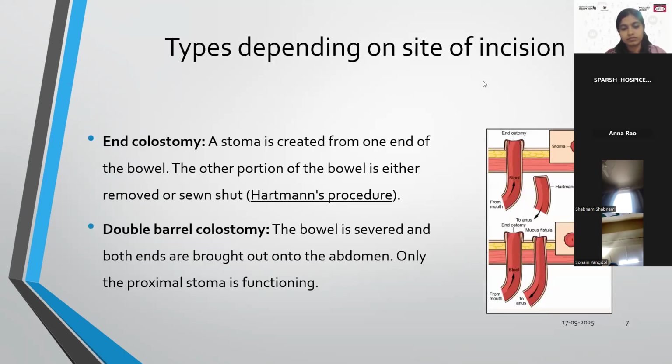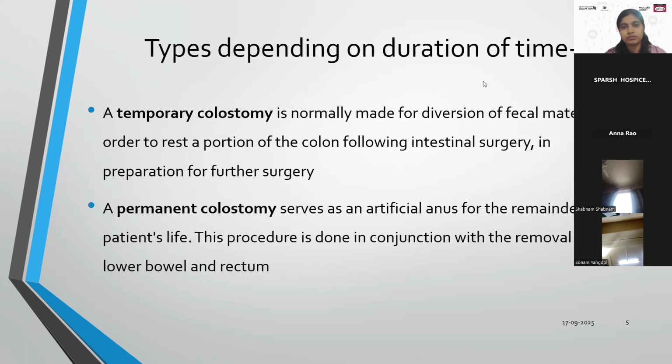Now, depending on the type of the incision. First is loop colostomy. In this it is a kind of loop that is created. Loop colostomy is made usually in case of emergencies, and it is kind of temporary, and there will be a large stoma. You can see in the figure also it is quite large.